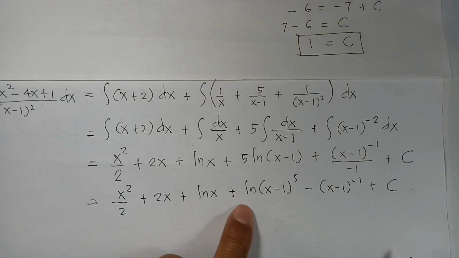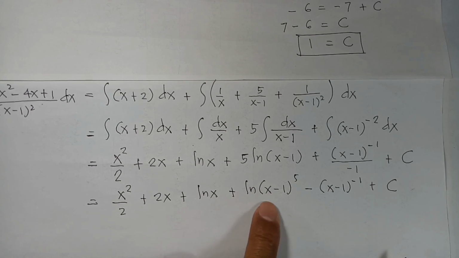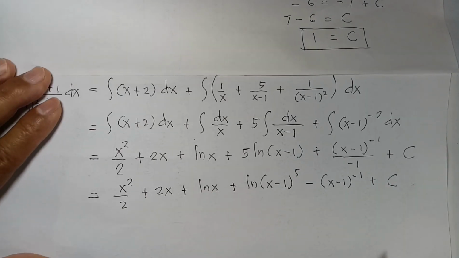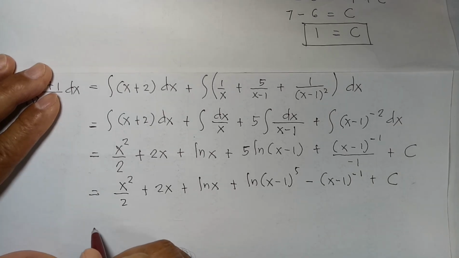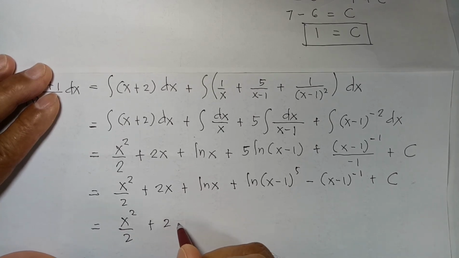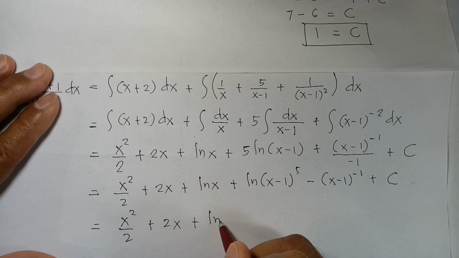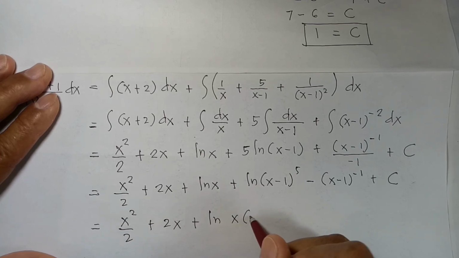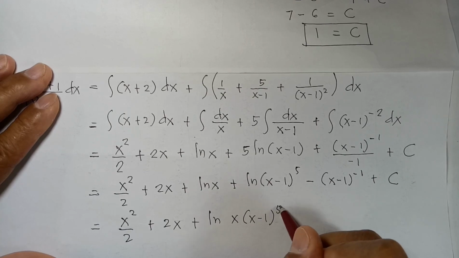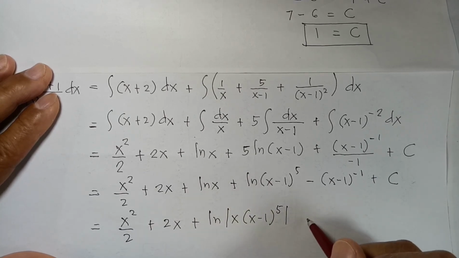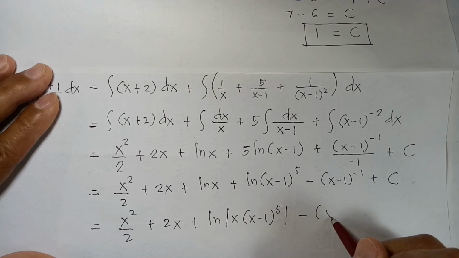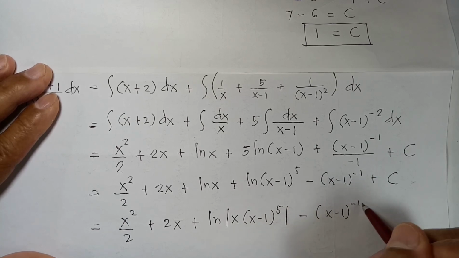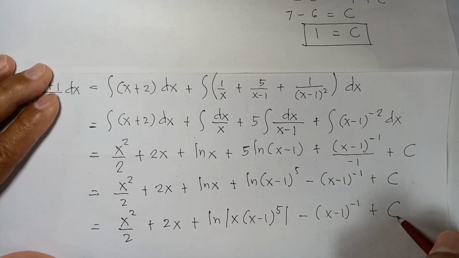Now we can simplify this by applying the logarithm of a product. When we add logarithms, it becomes multiplication inside the logarithm. So we get x squared divided by 2 plus 2x, and then plus ln of x times x minus 1 to the fifth, and then minus x minus 1 to the negative 1, and then plus c.